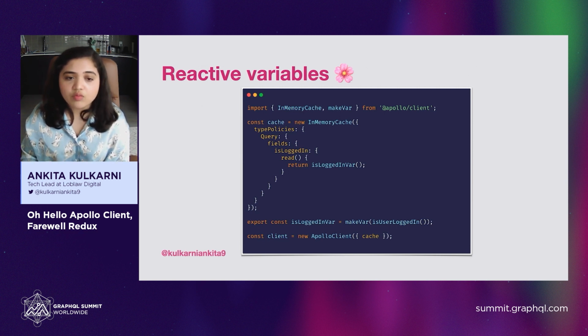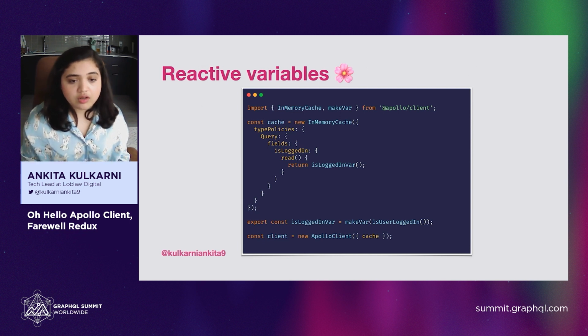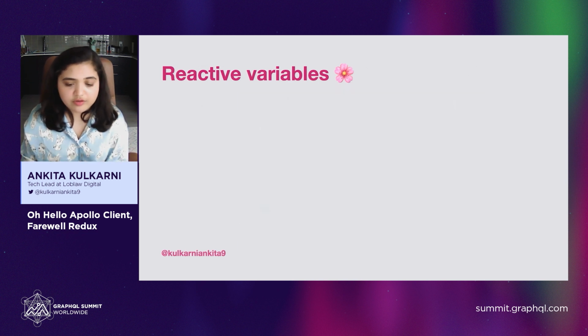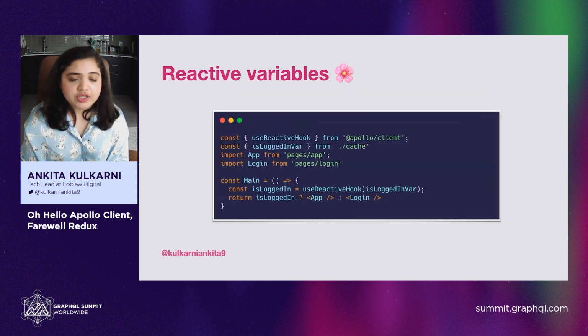Now, anytime we want to access whether the user is logged in or not, and the component should show something based on that information, we could do that just like this. So if the user is logged in, we render the app. If the user is not logged in, we render the login page. And Apollo also gives us the ability to access that variable directly in the component using the use reactive var hook, which is pretty cool.